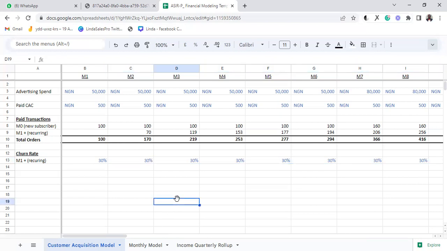Now, as you can see, we are done with the first tab, which is the customer acquisition model. Here this can easily tell us how many customers we are getting in month one. There is a place where we get to see the total number of customers we are getting, which is the income quarterly roll-up.